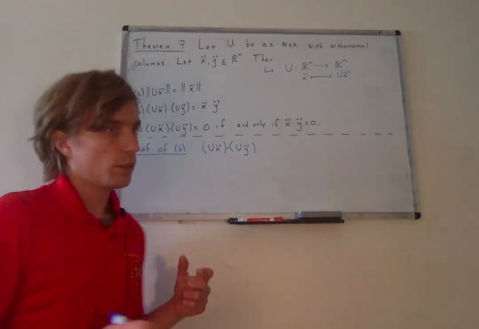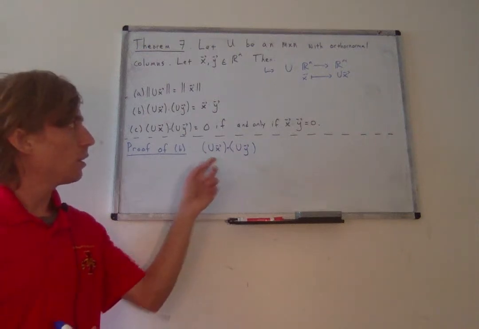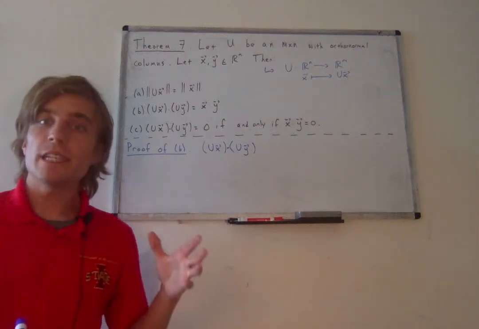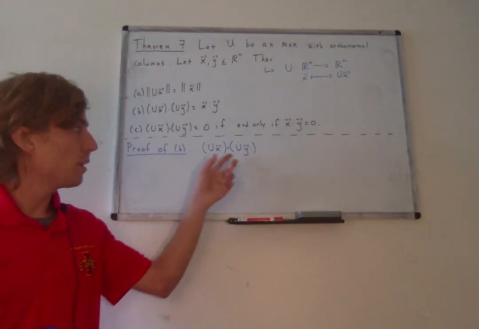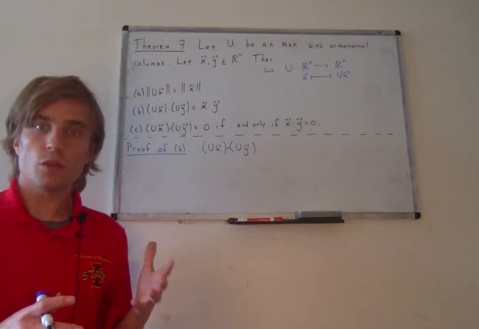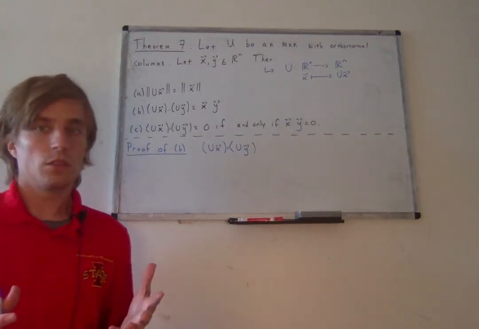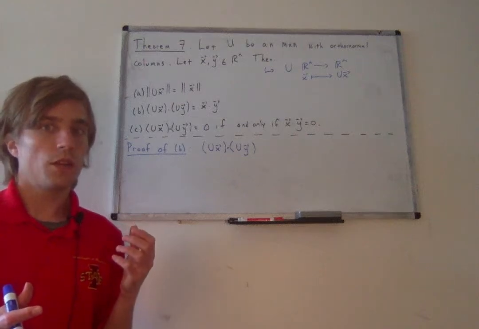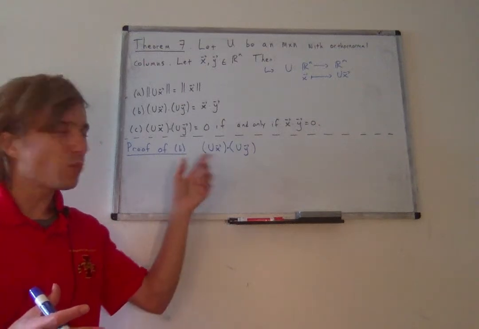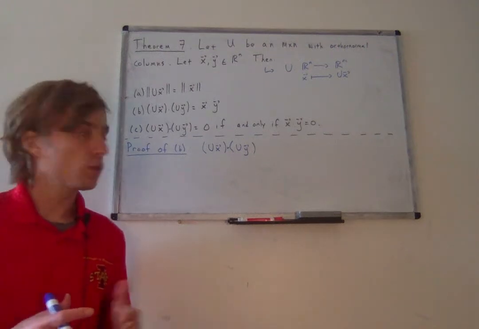So how do I start? Well, there's something about U that I'm not immediately using in this relationship. It's that U is orthonormal, right? That is that U transpose times U is equal to the identity matrix. So somewhere in here, I would like to get a transpose.